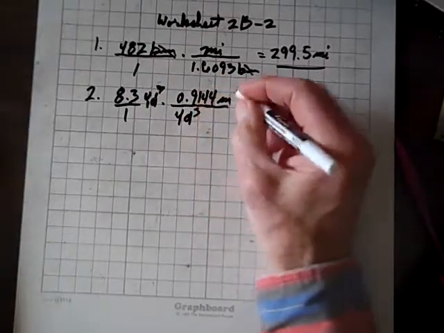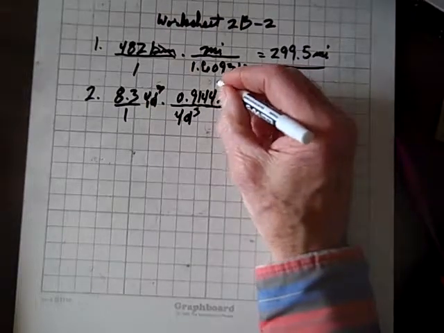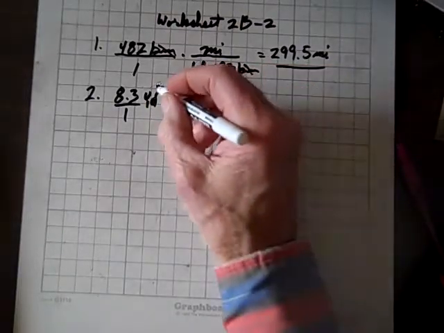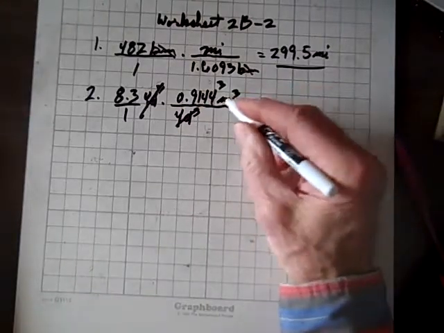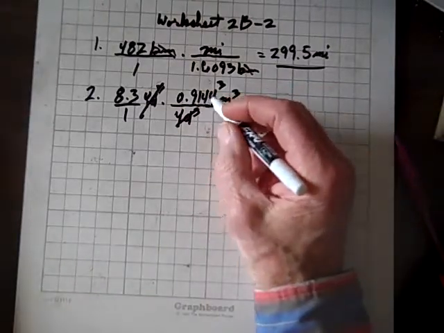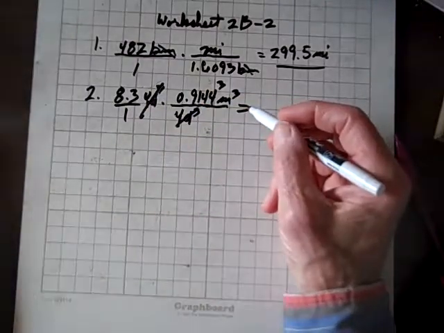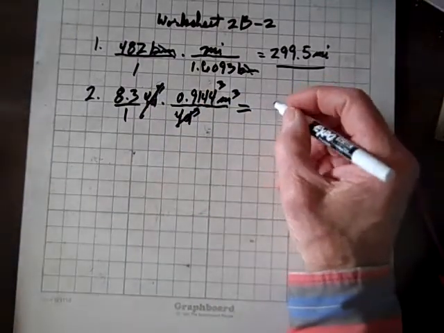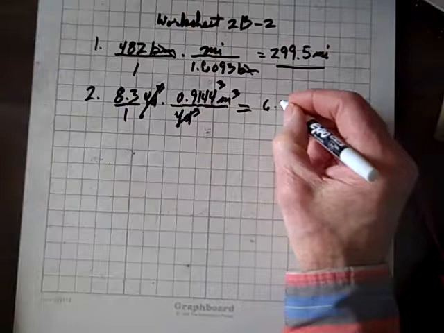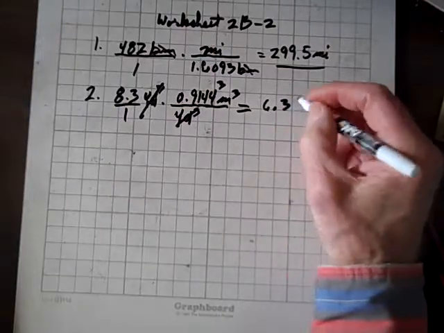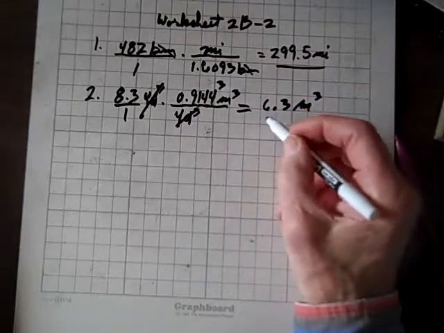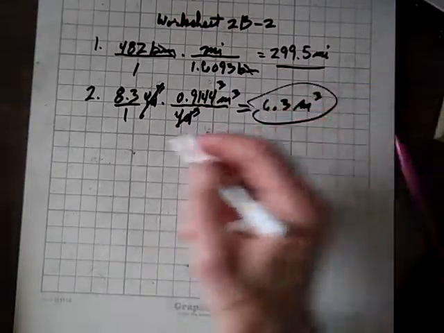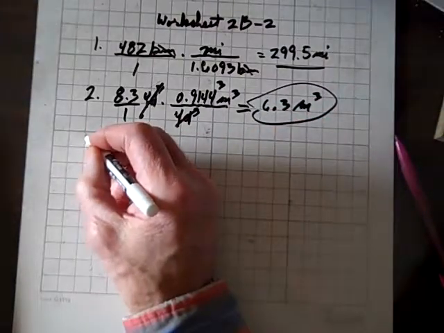So if we put a cube here, a cube there, and we cube that, now the cubic yards divide out, and we just have to compute the product of this value cubed times 8.3, and I get 6.3 meters cubed. And we've got that. So now 3.